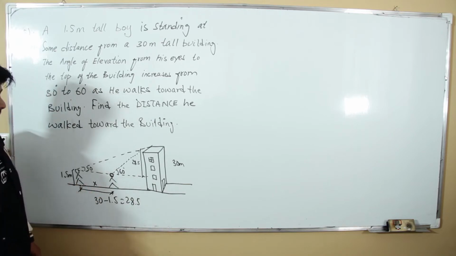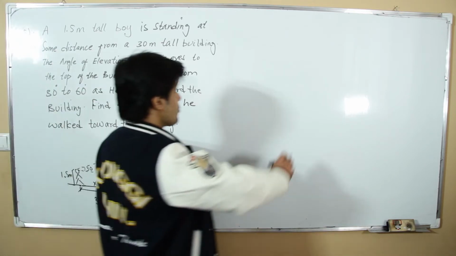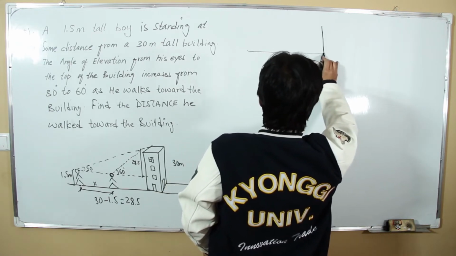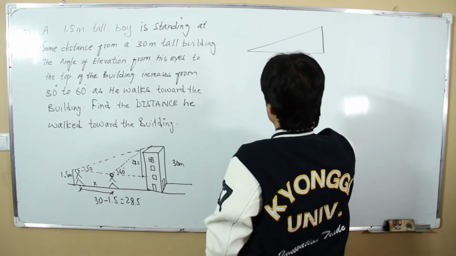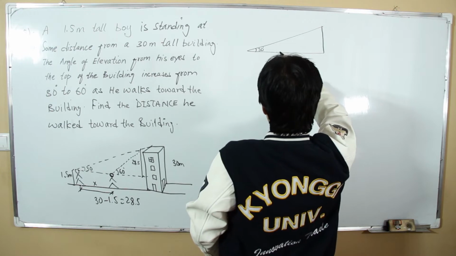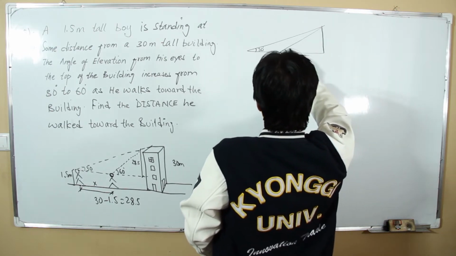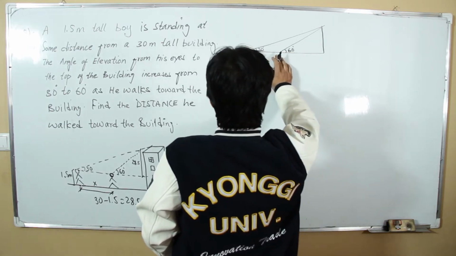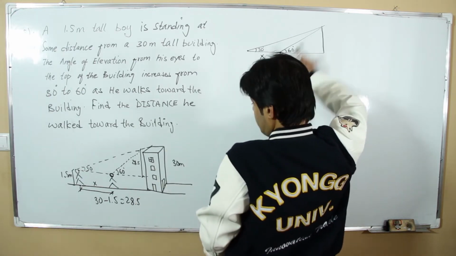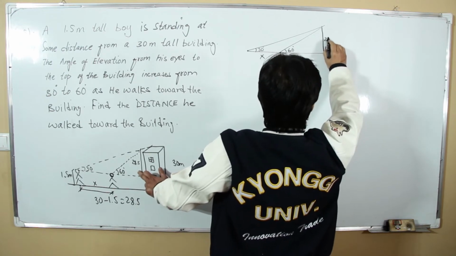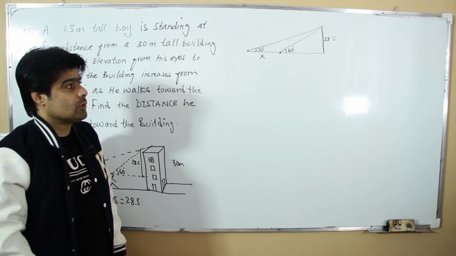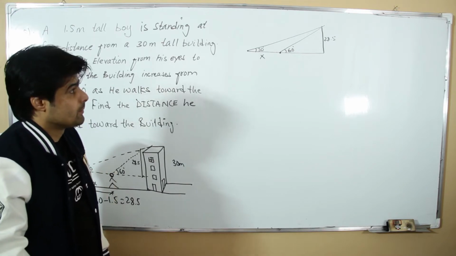Suppose this is x. Now, we have a triangle. This is 30 degree. Once again, it is 60 degree. This part is x, and this is given, which is 28.5. So you have to find x.